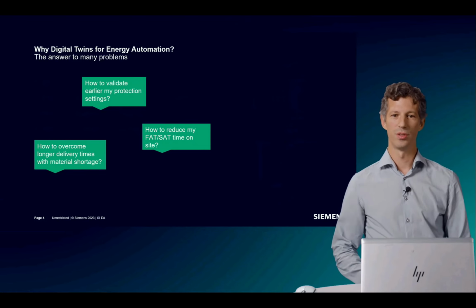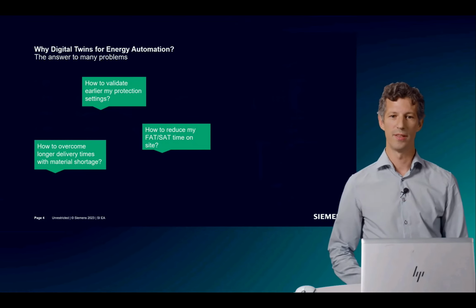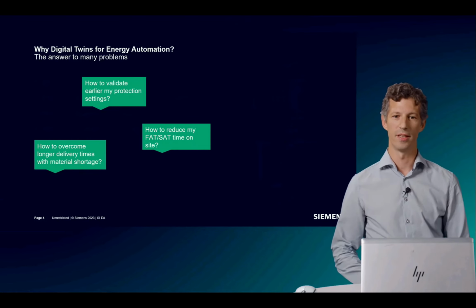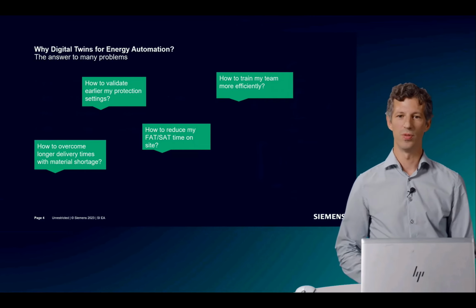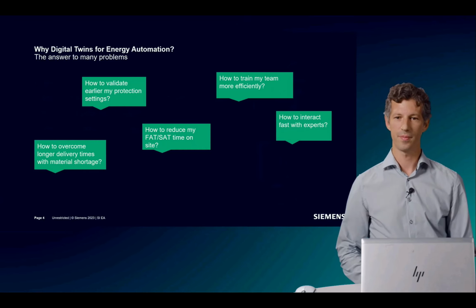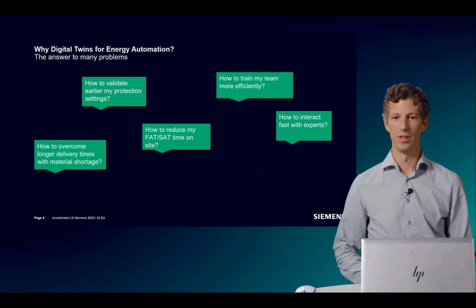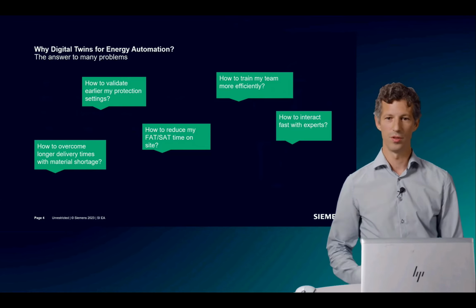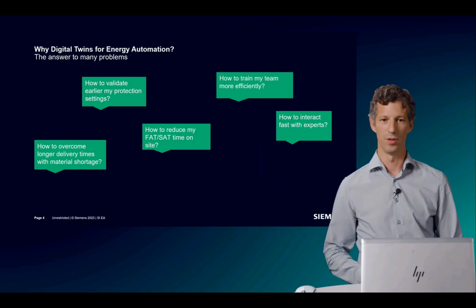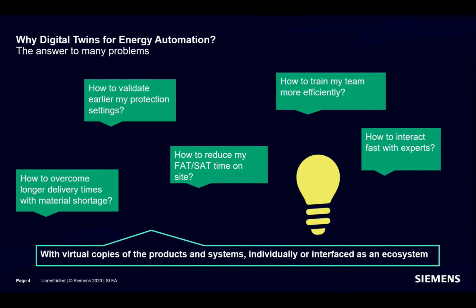How to reduce the time of the factory acceptance test or the site acceptance test on site as much as possible. And how to train your team more efficiently with the right tools. And last but not least, how to interact fast with experts, having your tools, your products, your configuration wherever they want. Those questions are answered with virtual copies of products and systems connected individually or interfaced as an ecosystem.